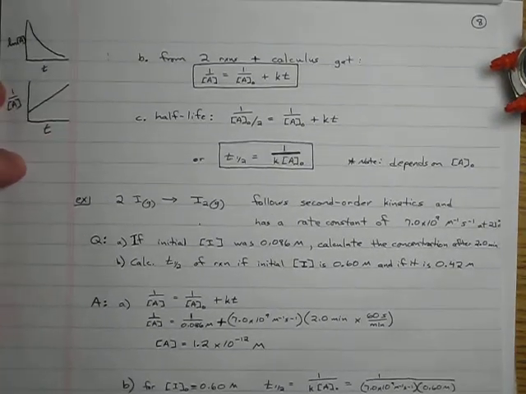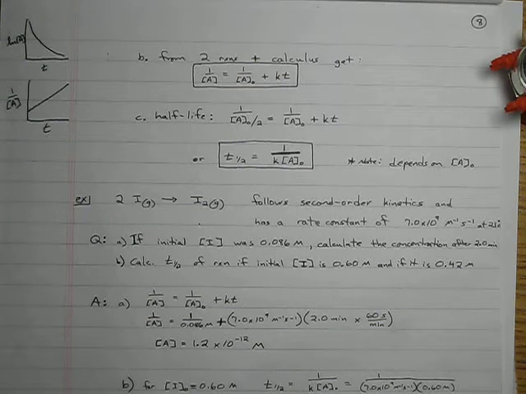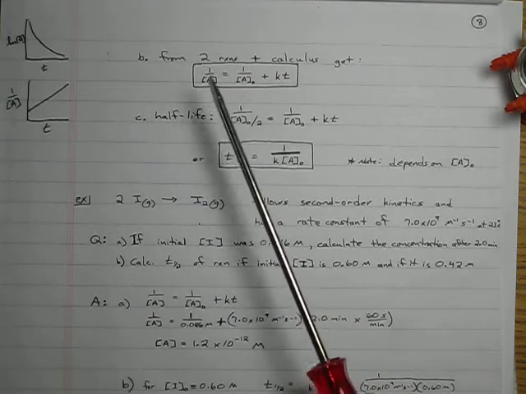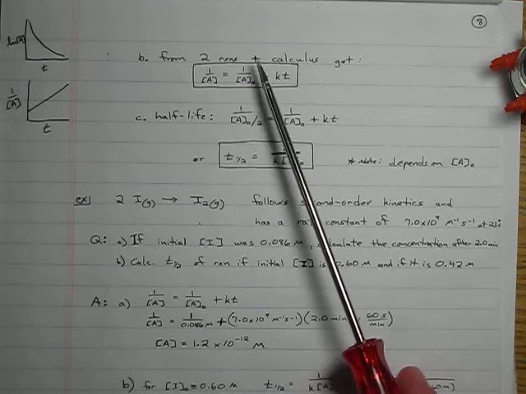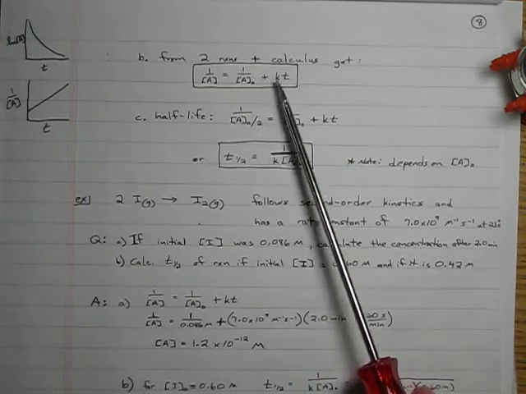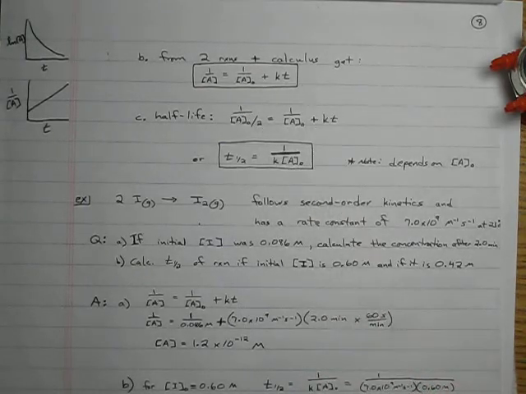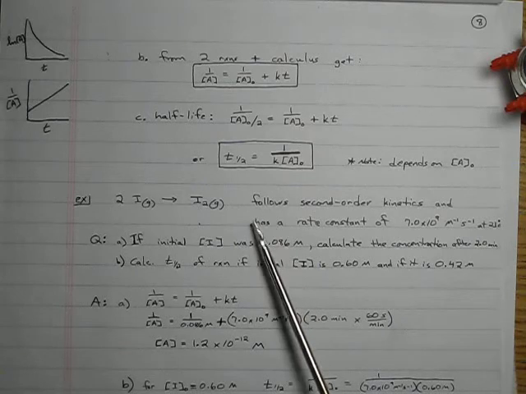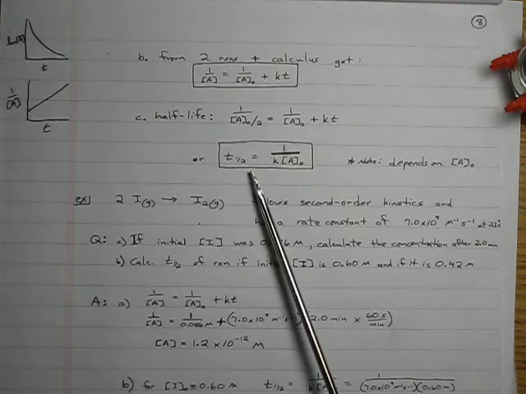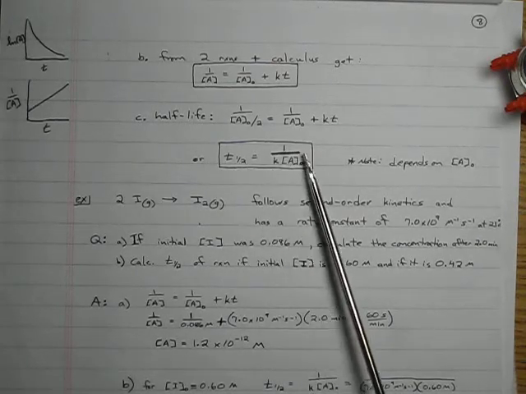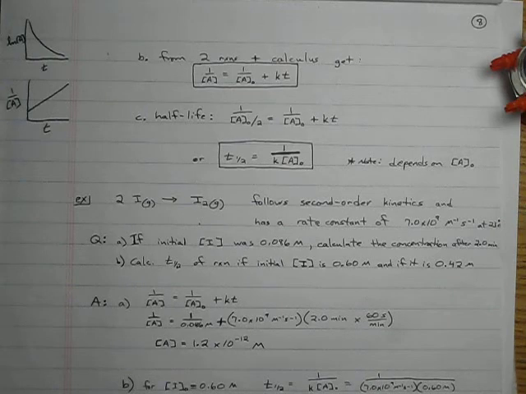For a second order reaction, the integrated rate equation is 1 over the concentration of A equals 1 over the concentration of A naught plus KT. There's our math, our integrated rate equation. The half-life equation for a second order reaction is T1 half equals 1 over K times the concentration of A naught.